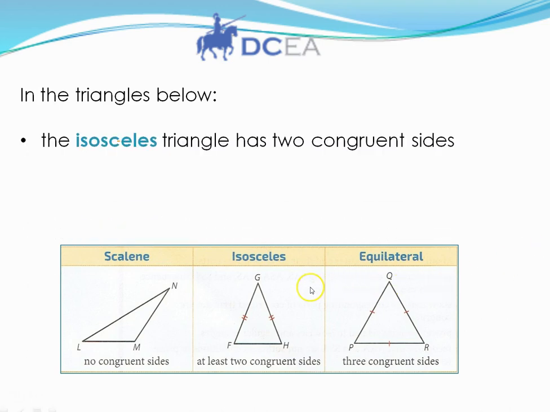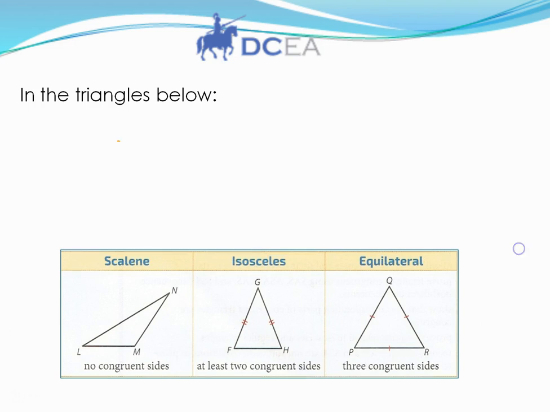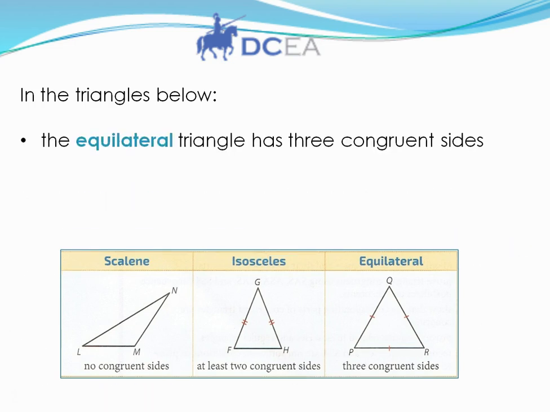In the isosceles triangle, you will have two congruent sides, or at least two congruent sides. And what happens if you have three congruent sides? Well, now we name that the equilateral triangle, and each side length will be the same length. So PQ will be congruent and equal to QR, which will be congruent and equal to PR.